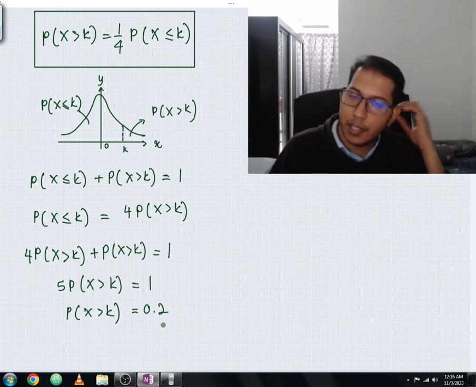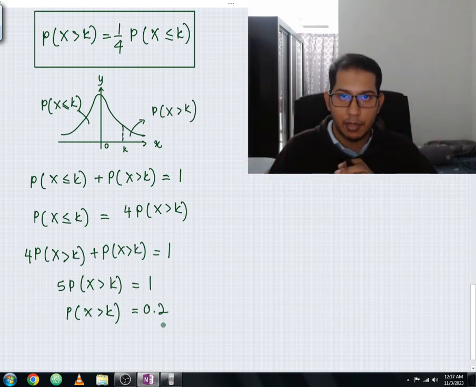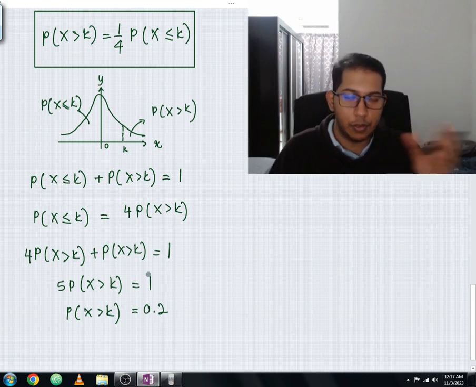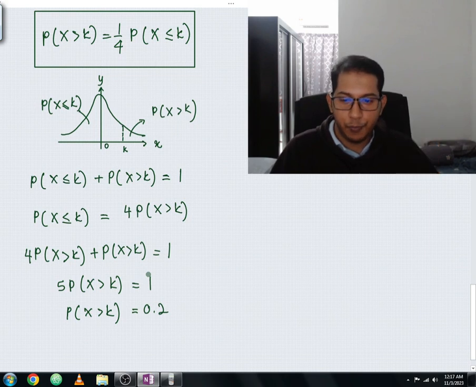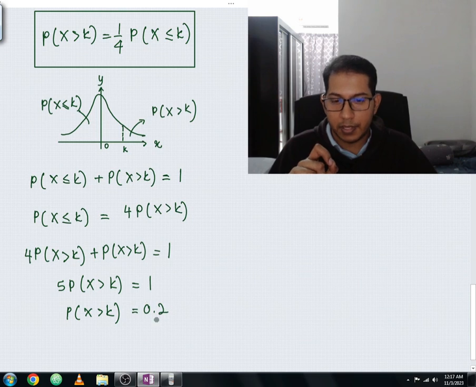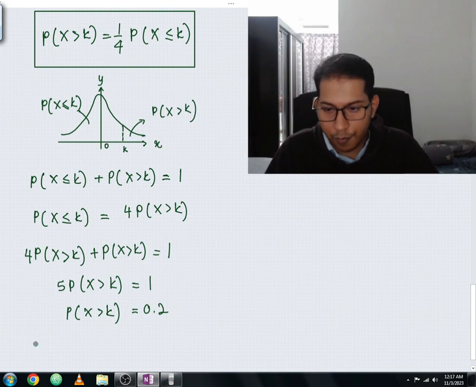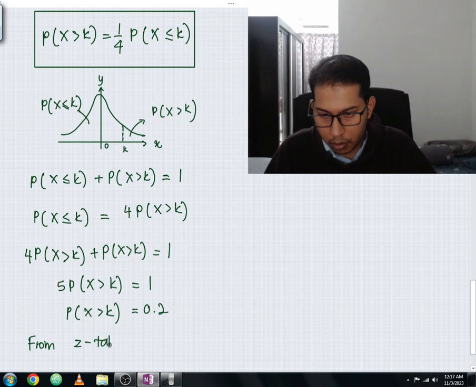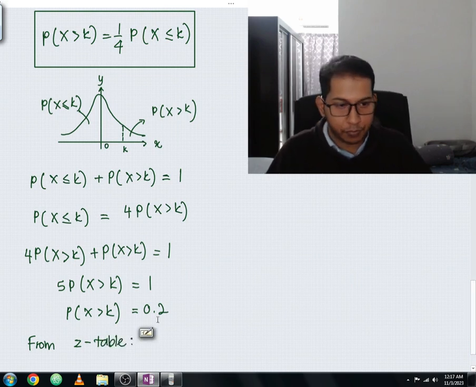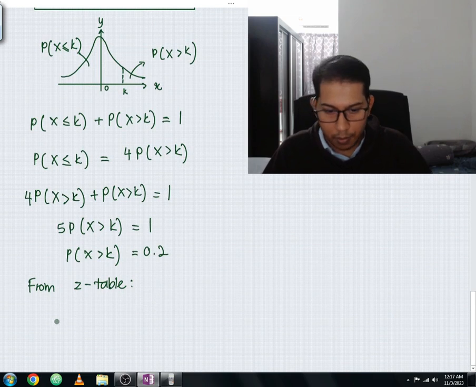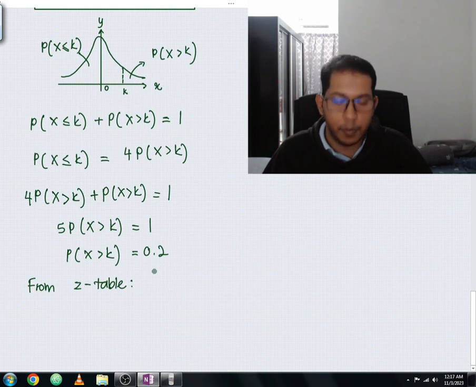What you need to do is check through the Z table, and check which Z value corresponds to the probability 0.2. From the Z table, you get that the 0.2 value corresponds to 0.842.